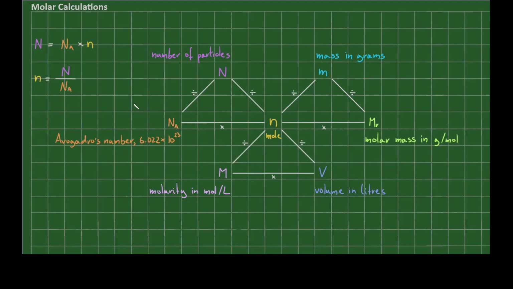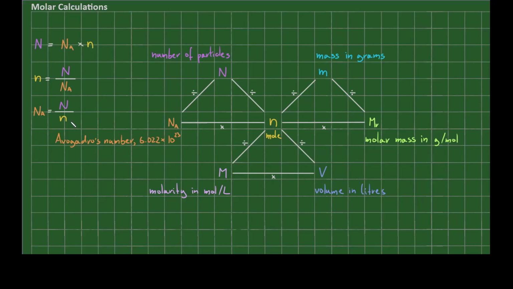And if I wanted to calculate Avogadro's number, I could use the triangle yet again. According to the triangle, Avogadro's number is equal to number of particles over number of moles. So the formula would be N_A equals capital N over lowercase n.